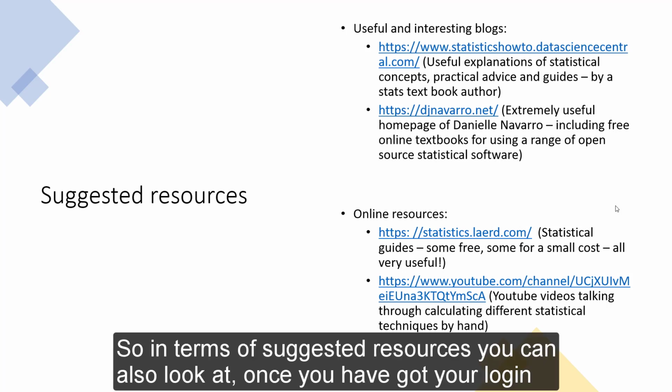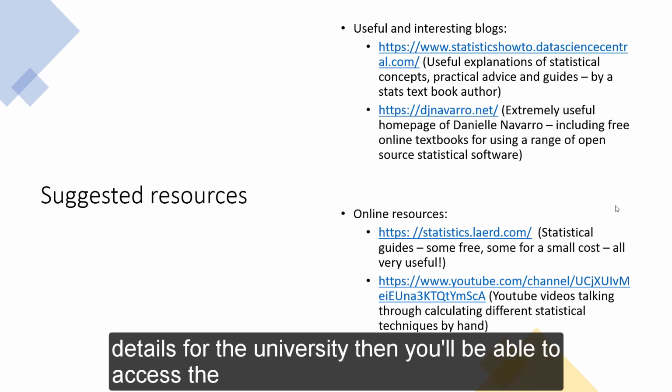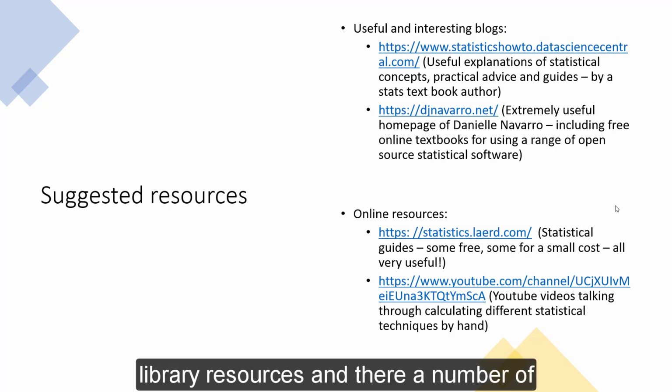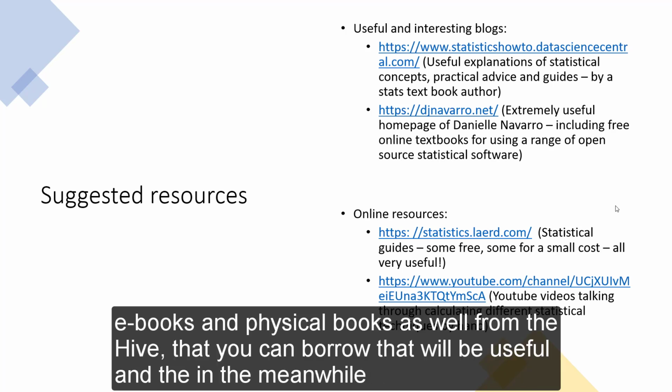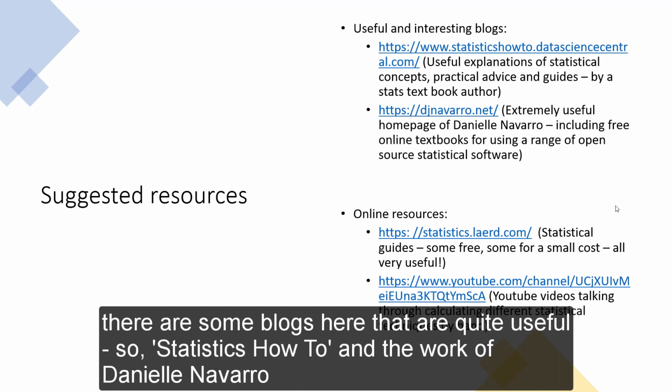So in terms of suggested resources that you can also look at, once you have got your login details for the university, you'll be able to access the library resources, and there are a number of ebooks and physical books from the Hive that you can borrow that will be useful. But in the meanwhile, there are some blogs here that are quite useful.